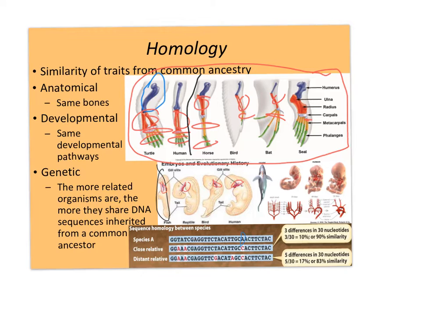So in terms of what you would expect from our genes, more closely related species would have fewer changes. Like the close relative to species A, there are only 3 base pair differences there. The more distant relative had an extra couple of changes in the more distant past.